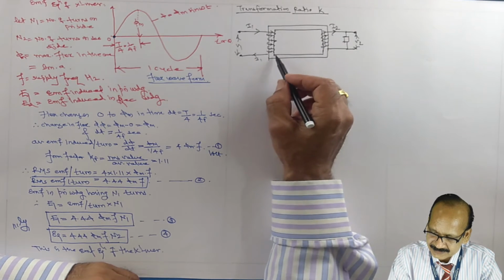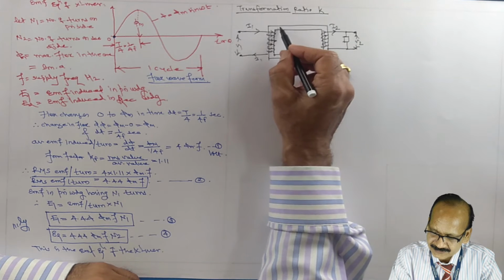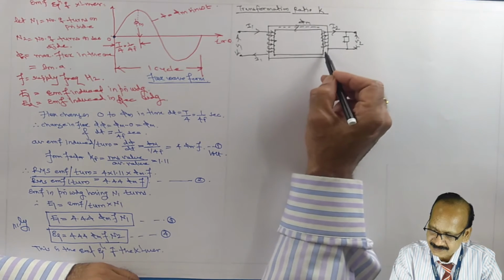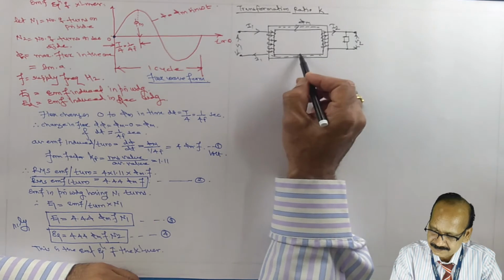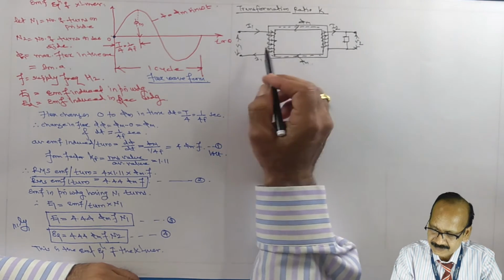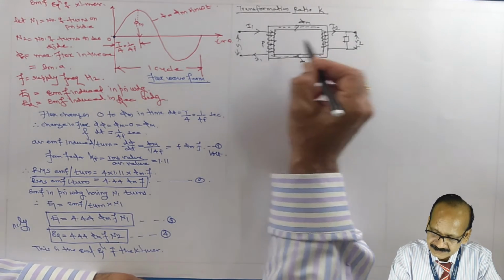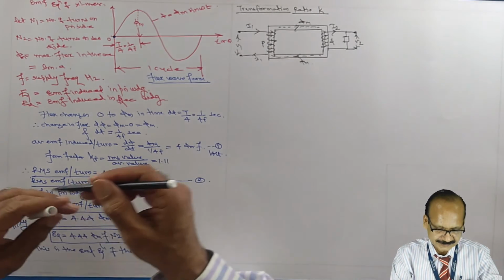Then for this direction of current, it generates north pole here, and therefore the direction of flux would be like this. Okay, so this one is primary winding, this one is secondary winding.